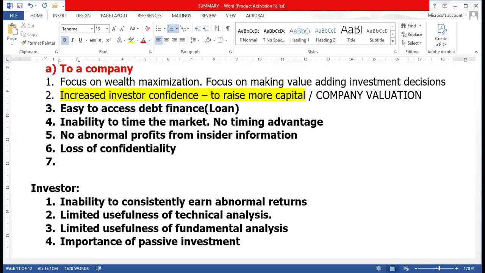This market efficiency will force you to come up with different strategies. Because of this market efficiency, you are encouraged as investors to adopt passive investment strategies. Okay? Diversify.